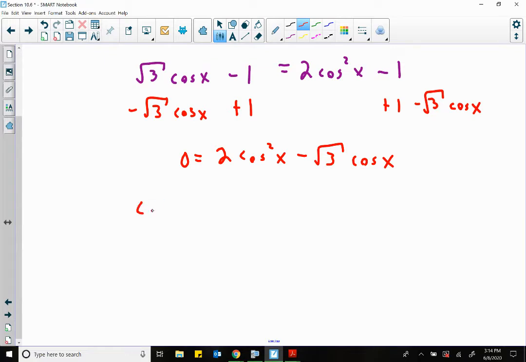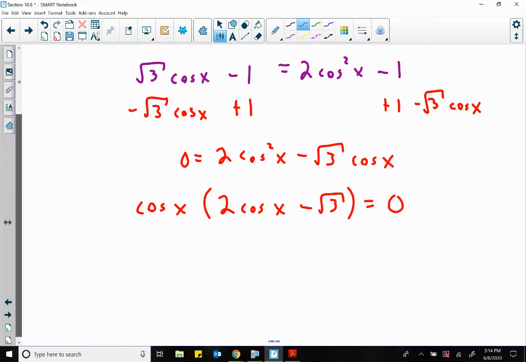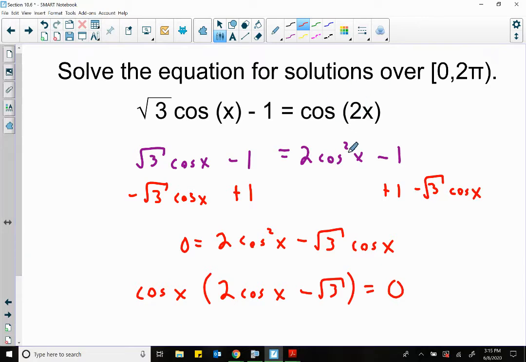Let's pull out cosine x. And that will leave you with 2 cosine x minus the square root of 3 equal to 0. See? There we go. It was much easier just replacing this with something that we can work with.